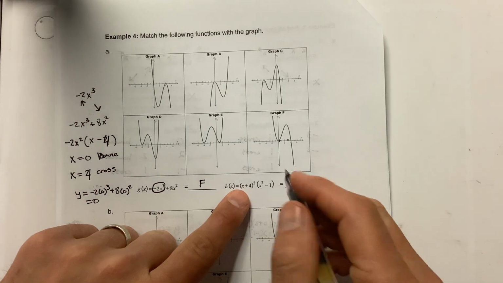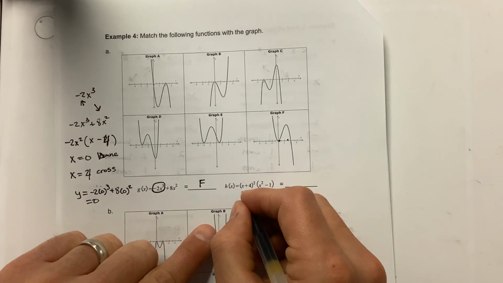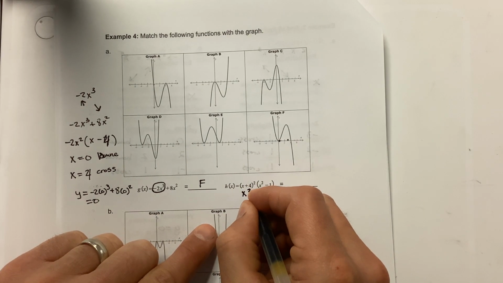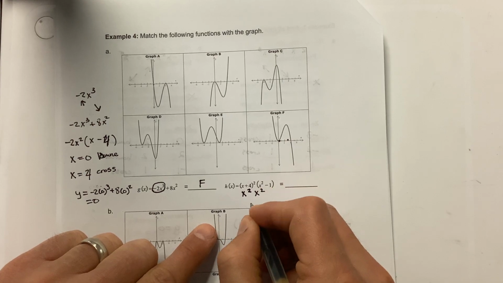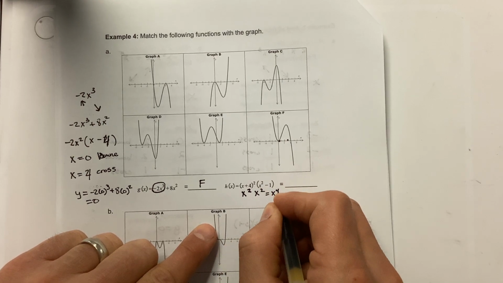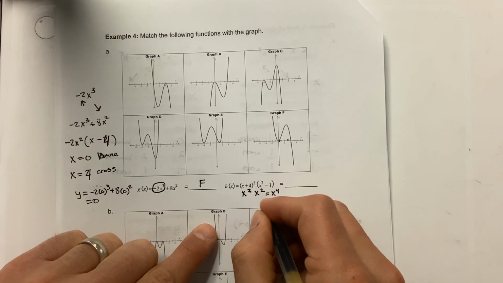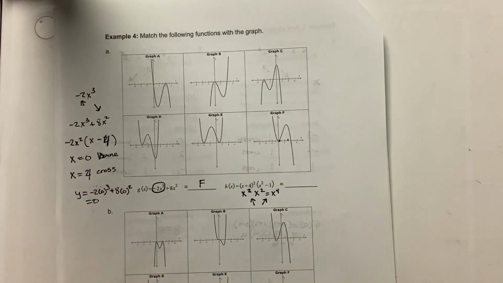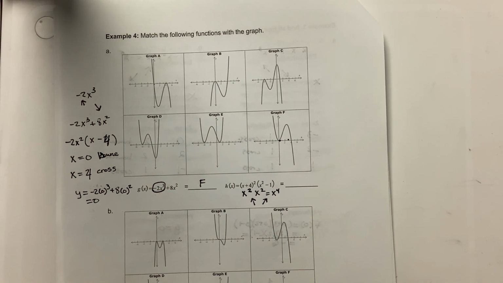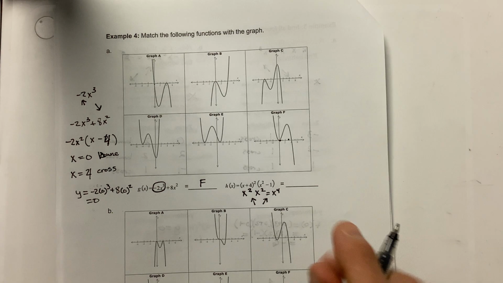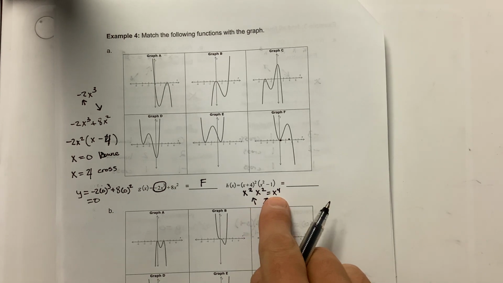For this one, this is going to be x squared and x squared, so this is going to be x to the 4th. So it's going to be going in the same direction because of x to the 4th.